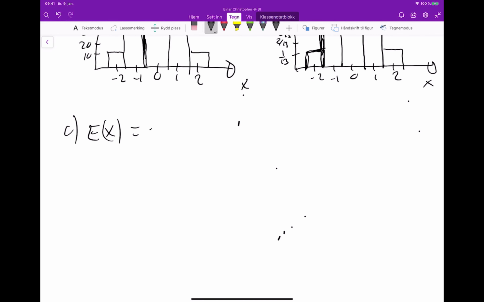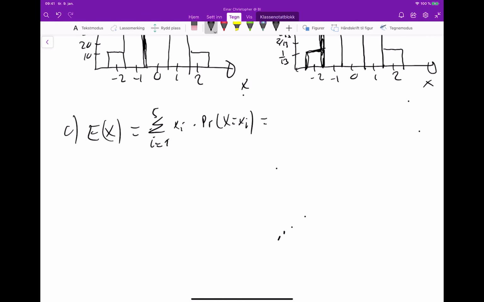We got the sum i equal 1 to 5, x_i times the probability of X equal x_i.